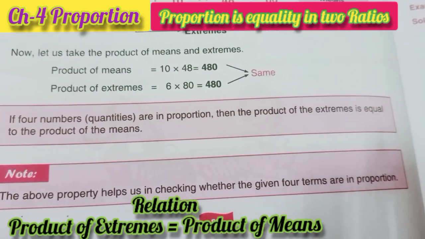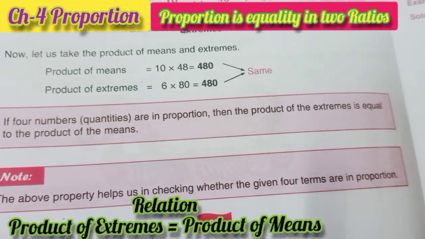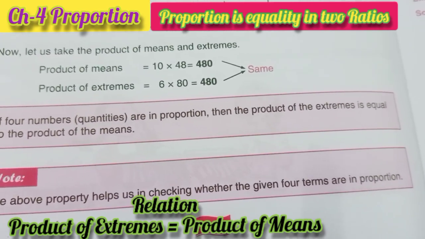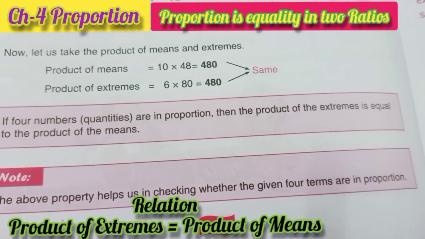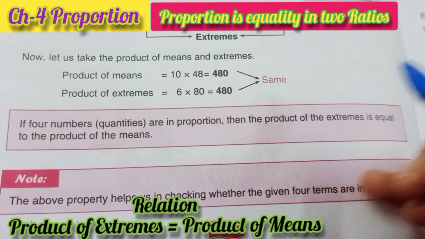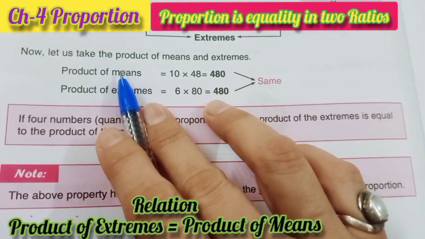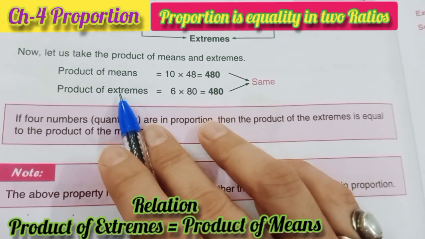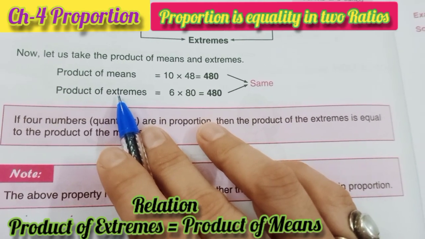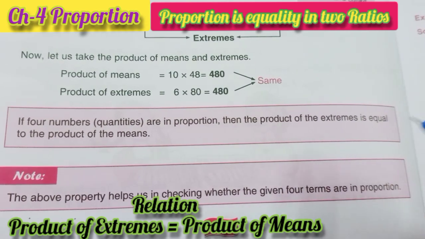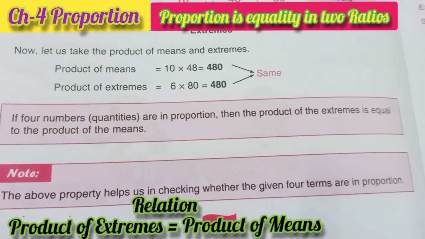We find the product of means and the product of extremes. If they are equal, then we can say that these are in proportion.